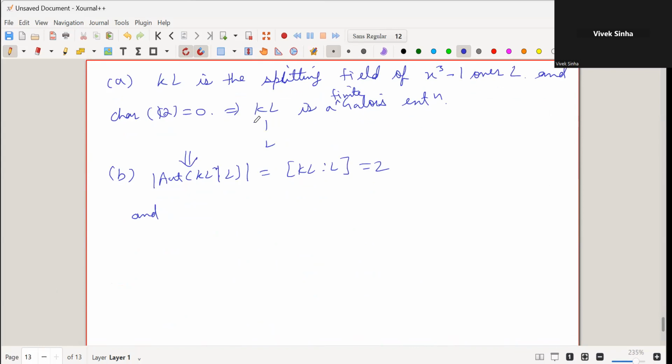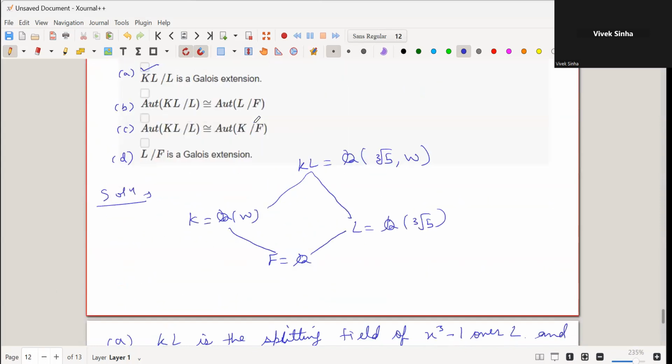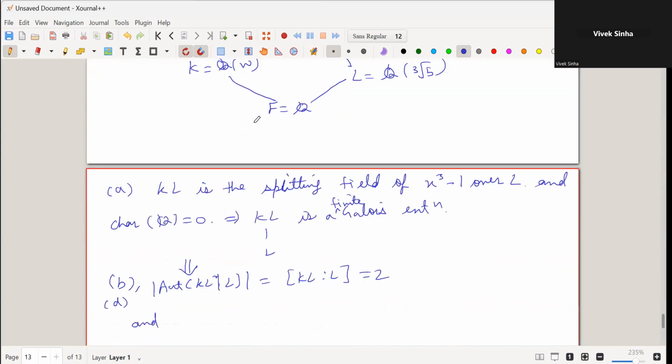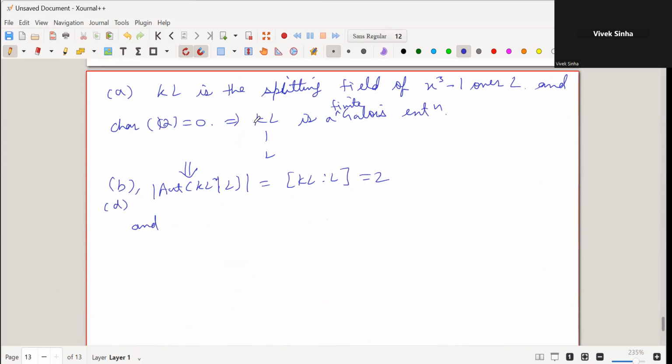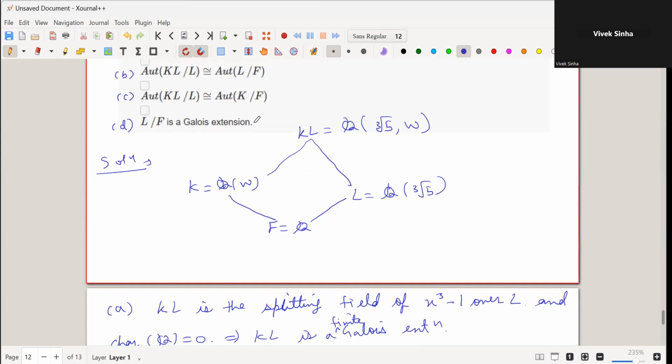So maybe I will consider B and D together. L over F is also a Galois extension. We have seen it a number of times. It's just a splitting field of, no, sorry.